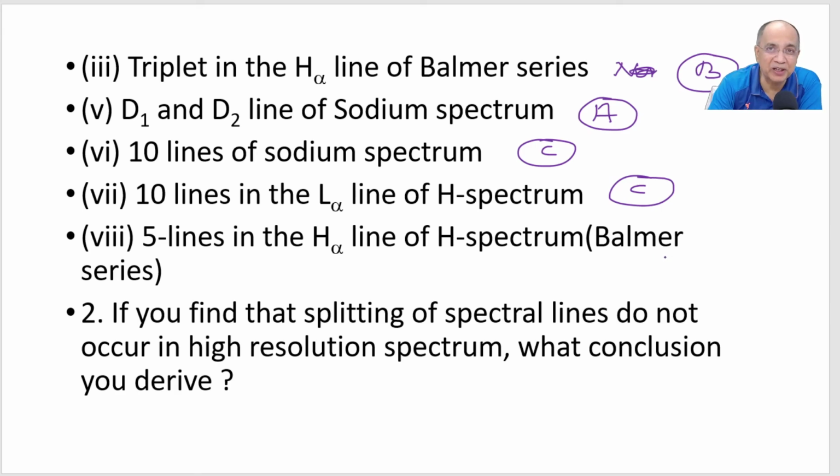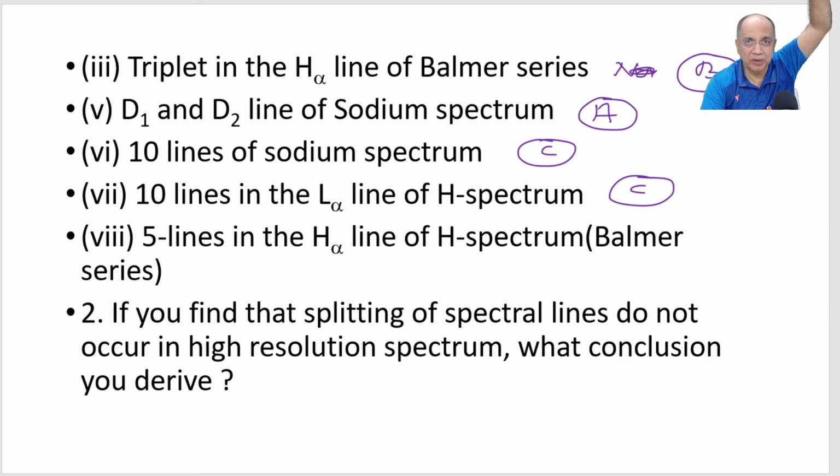high resolution spectrum. I told you that high resolution, simply LS coupling will make, in hydrogen L alpha line between 3D and 2p, this 3D, there will be how many states?